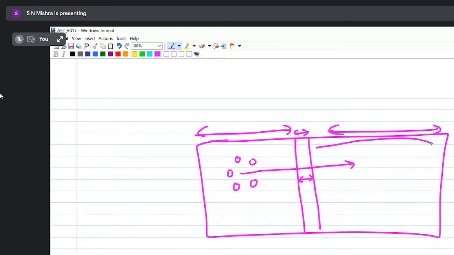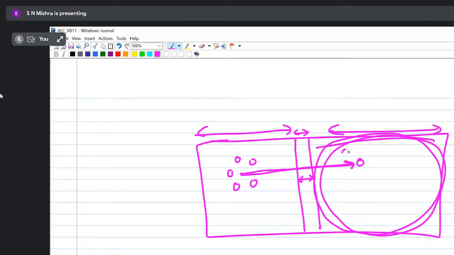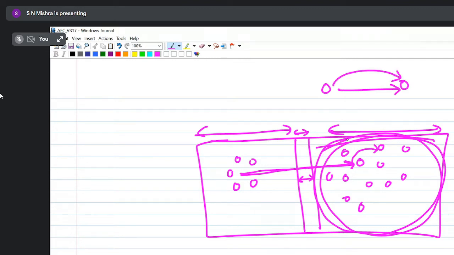If already in the collector I heavily dope, then this hole will come to collector and collide with the holes which are present here. Yes, sir. Now collision means what? Energy transfer will happen. Yes, sir. When 2 holes will collide, then what will happen? The energy will transfer. So this energy or this collision will generate more heat.